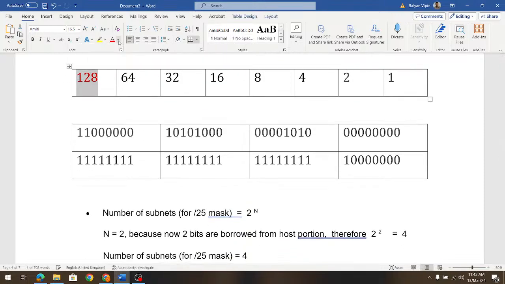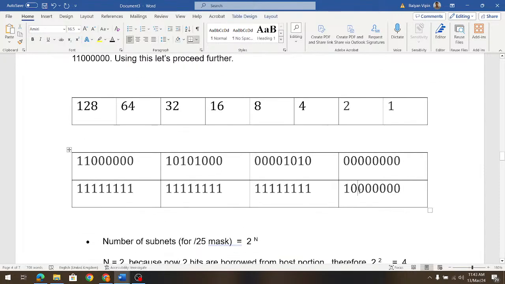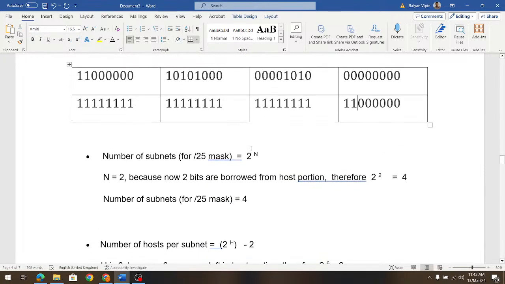The remaining things are the same. The only difference is that we are using 26 bits, so it will be 1 here. The number of subnets will again be 2 raised to the power n. The subnet mask has now changed.